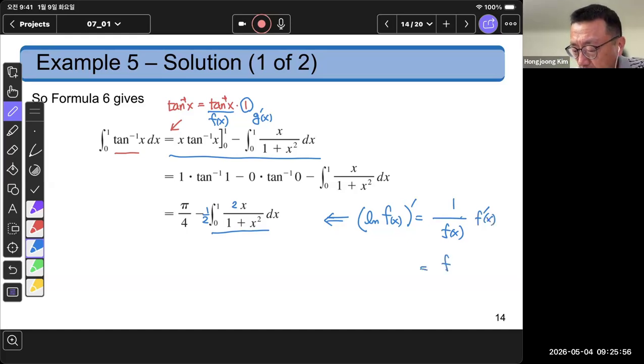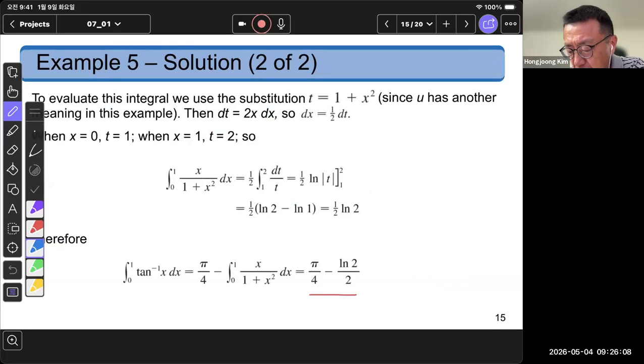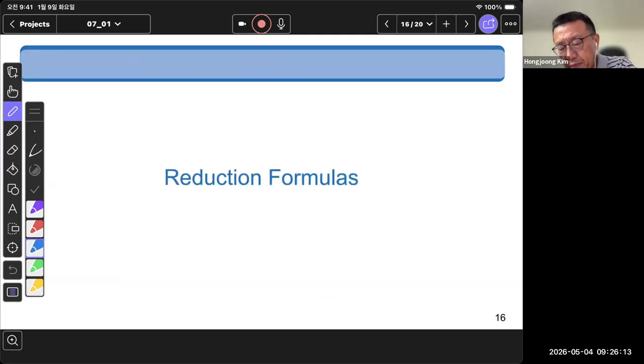So if you have f prime of x over f of x, then you need to think of ln f of x. Okay, so that is another example of the integration by parts.